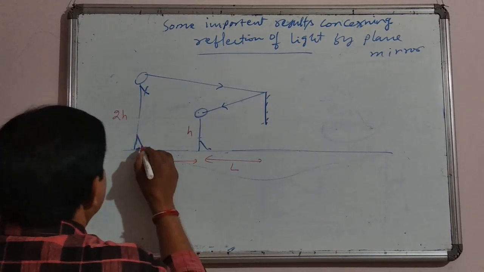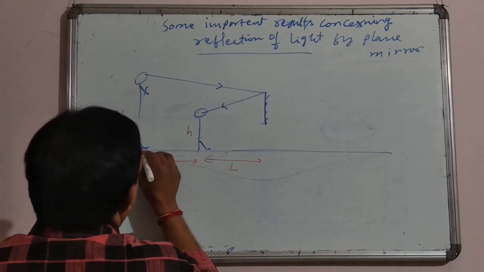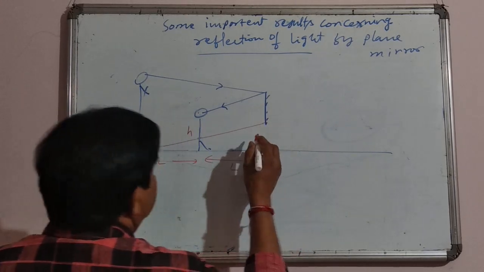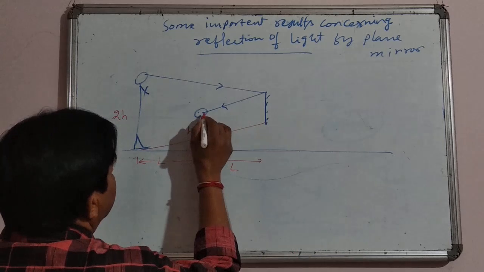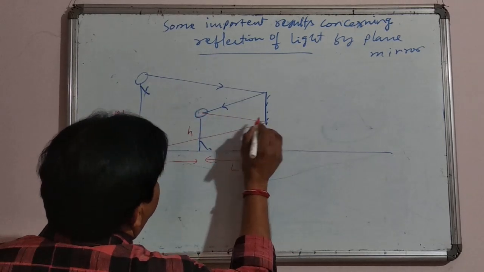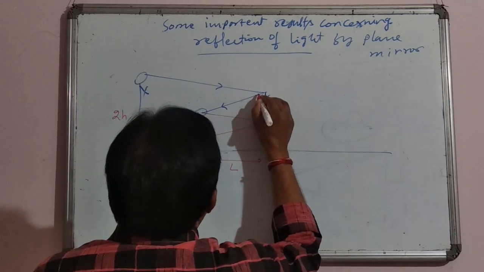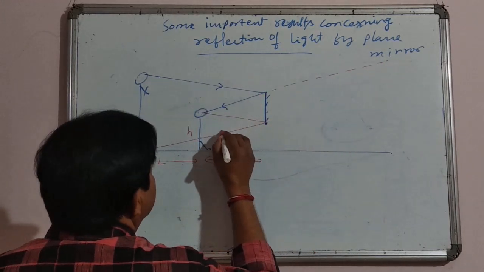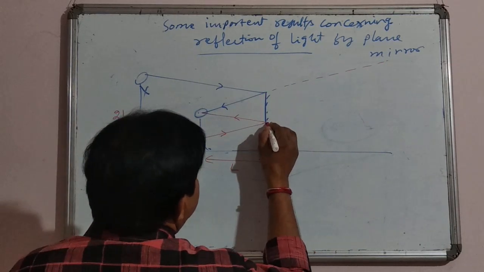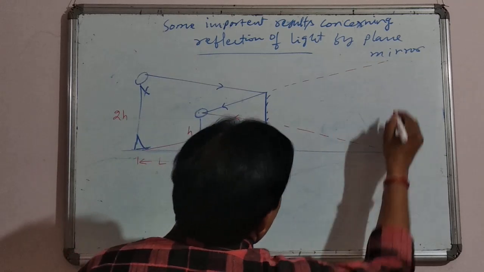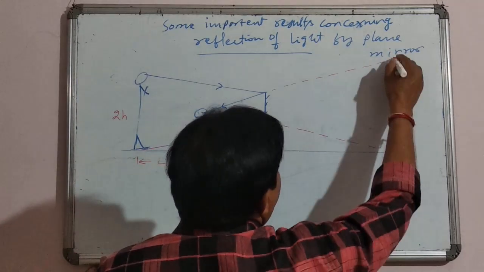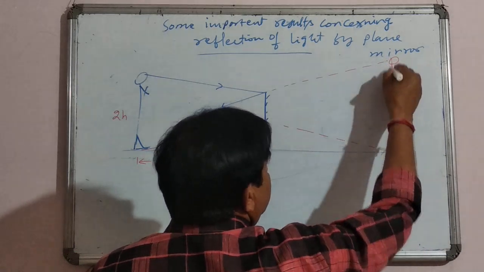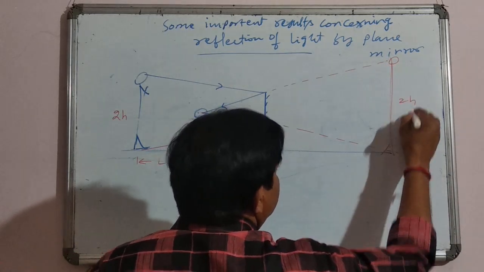Similarly, from the foot of the father, the light is incident on the lower edge of the plane mirror. After reflection it reaches the eye. Now these two reflected rays are extended, and these extended rays give the image of the father, 2H.